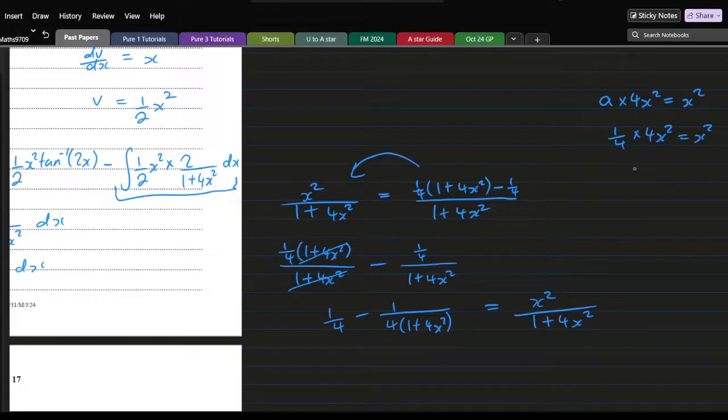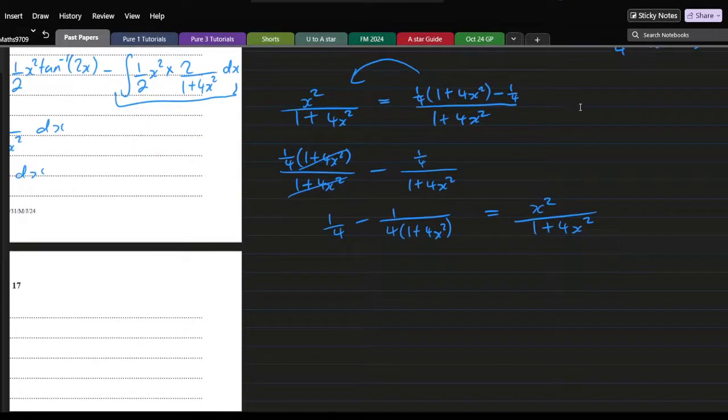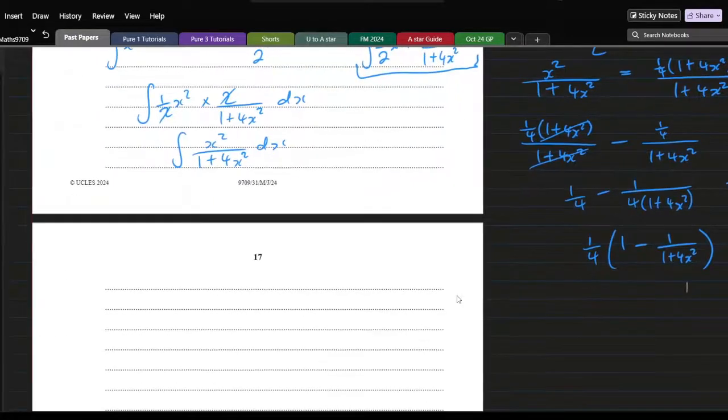In fact, I think let's just factor out the 1 over 4, so that that's 1 minus 1 over 1 plus 4x squared. Okay, and so it means we are integrating 1 over 4, 1 minus 1 over 1 plus 4x squared with respect to x.